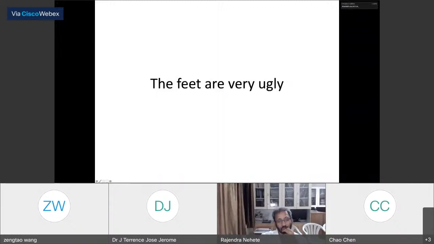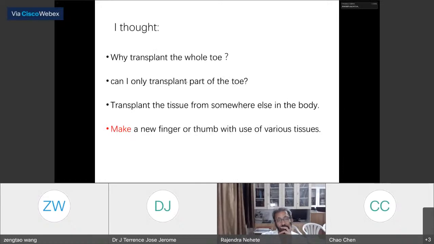And the feet are very ugly because every foot loses two toes. Why transplant the whole toe? Or can we transplant only a part of the toe and transplant tissue from somewhere else on the body, and use different tissue from our body to build a new finger or thumb?